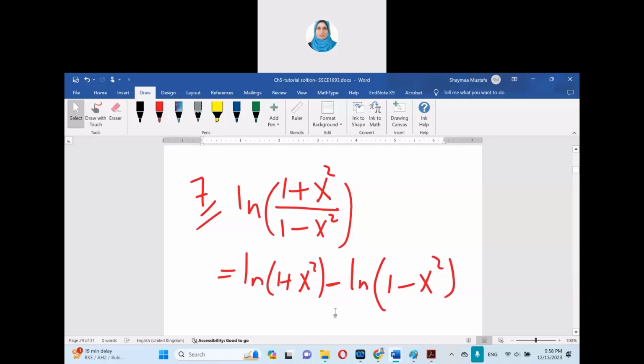It should be equal to x squared plus 2/3 x to the power 6. Same for question 9. Find the Maclaurin series. It should be equal to this number.